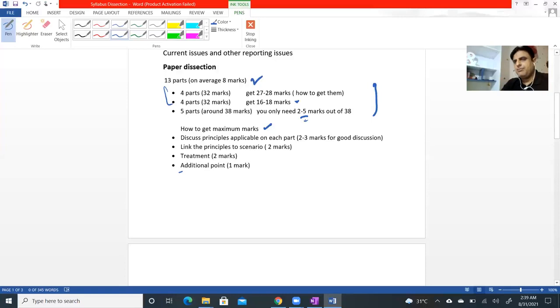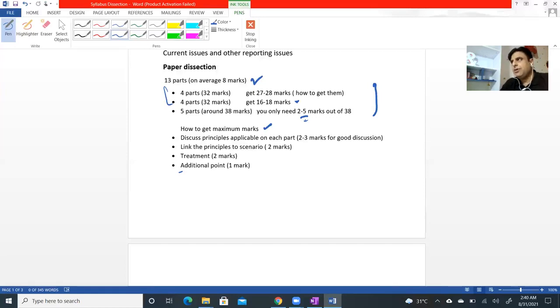A good discussion will grant you not more than 2 to 3 marks. That's it. If you say that you will discuss a lot of IAS 38 and get 8 out of 8 marks, no. If you discuss relevant parts, you will get 2 to 3 marks.